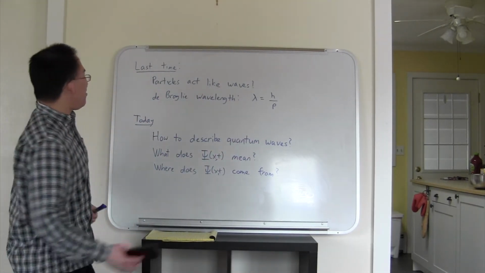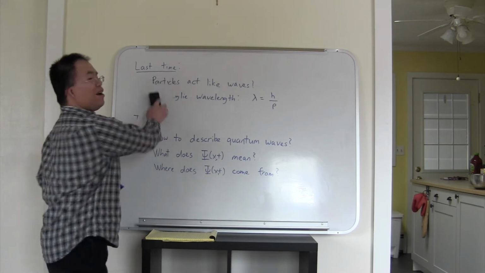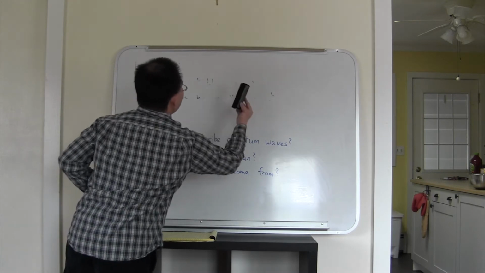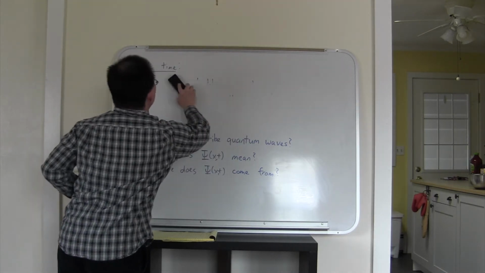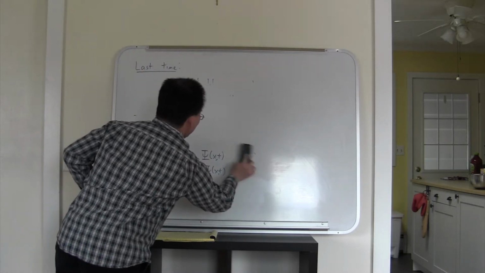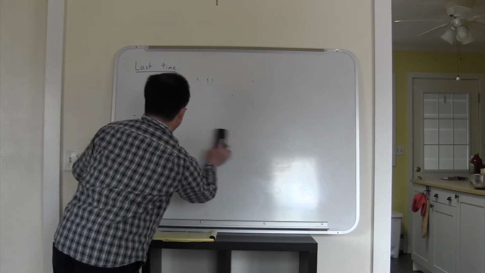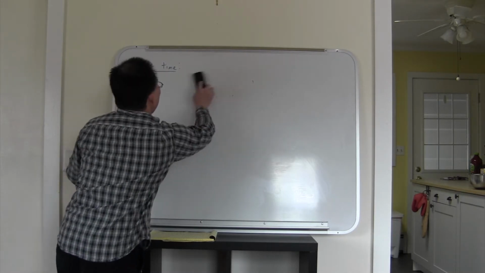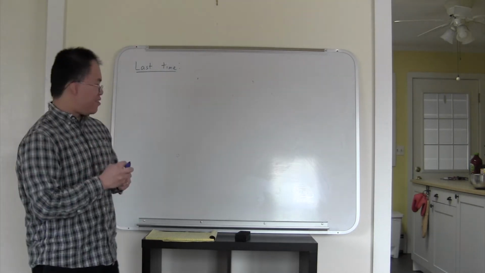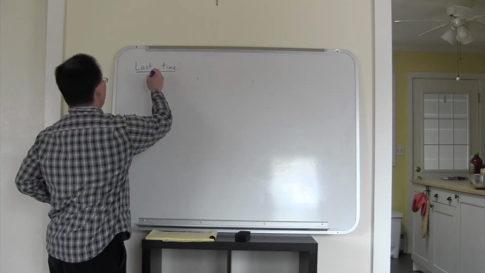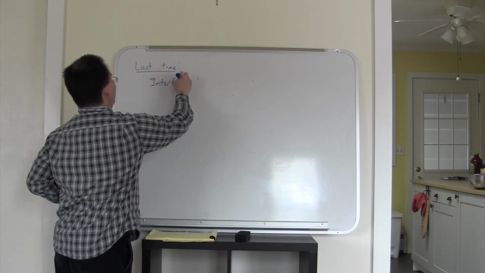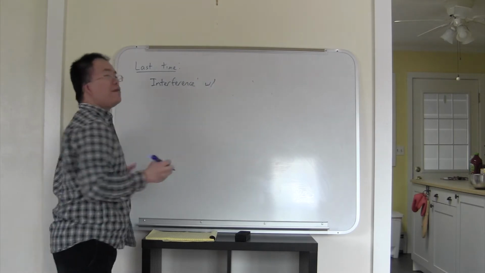So let's just have a little bit of a reminder of what we did last time. When we talked about experiments last time, we did interference with atoms and molecules.